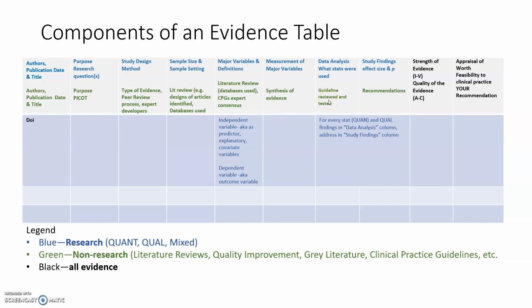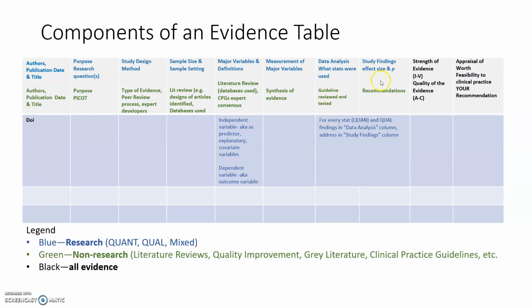Data analysis is just a list, when we're talking about qualitative or quantitative research, of what they found. For example, and this applies as we go back to quantitative data, what were the statistics utilized, period, just a list. And if we want to look at non-research literature, we can talk about guidelines, for example. Were they reviewed and tested?